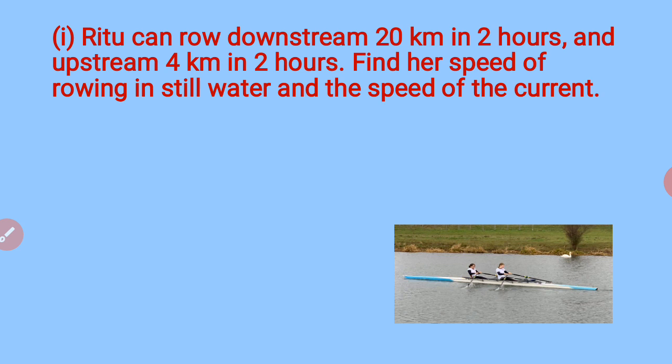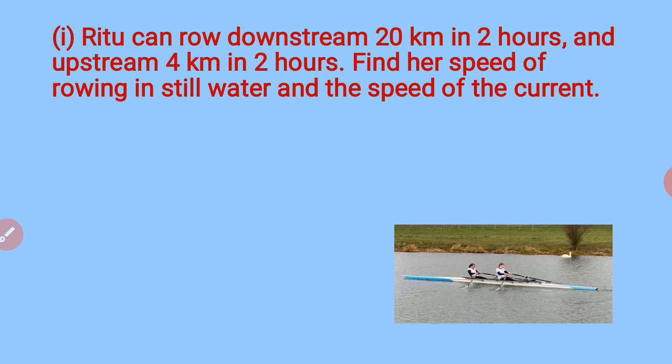So you read the question once again. Ritu can row downstream 20 kilometers in 2 hours. Only in 2 hours she can row downstream 20 kilometers. It's a long patch. But when she moves upstream, same time, 2 hours, she is only able to row 4 kilometers. So you can understand the basic difference here.